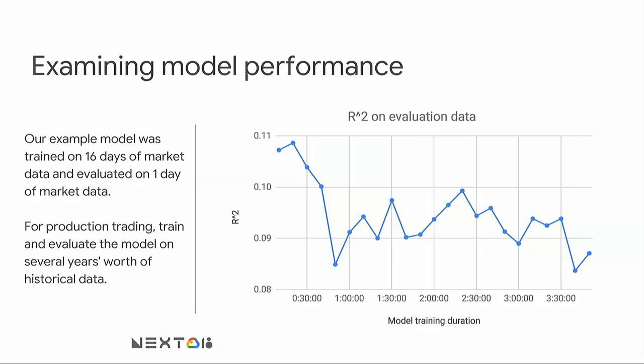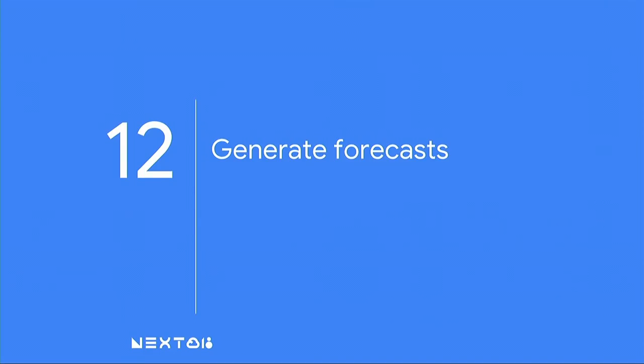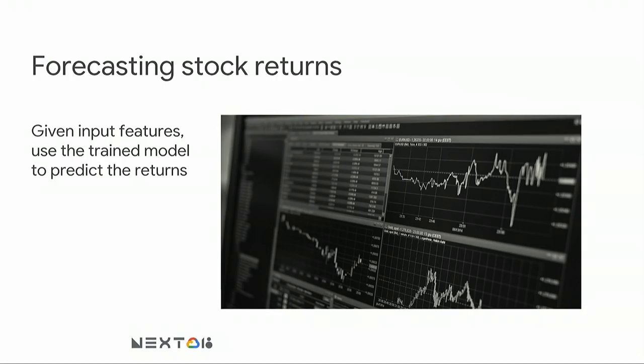So this is fine for an example of how to build and train the model, but this is not what you would want to do for actual use in production. For production trading, you would want to train your model on several years of data and evaluate on several years of data.